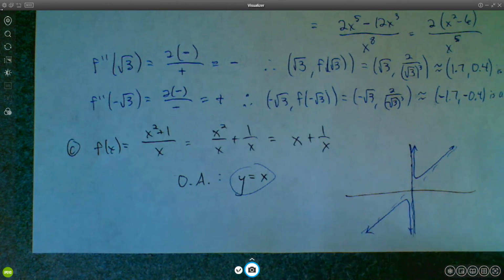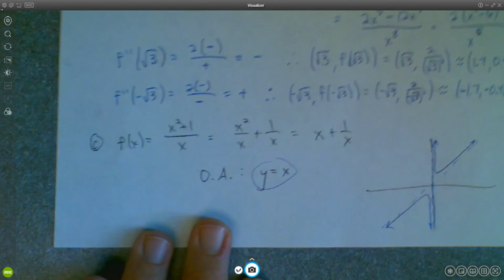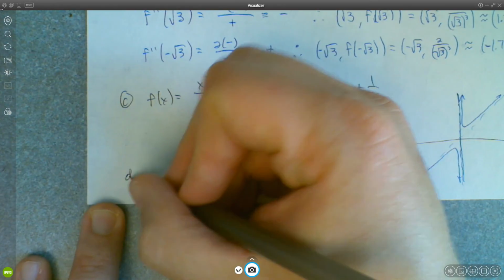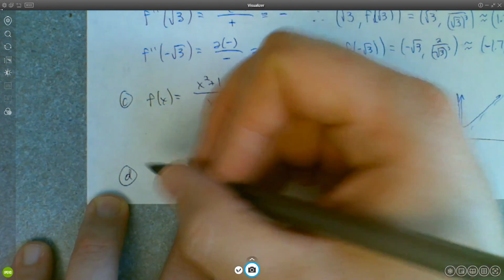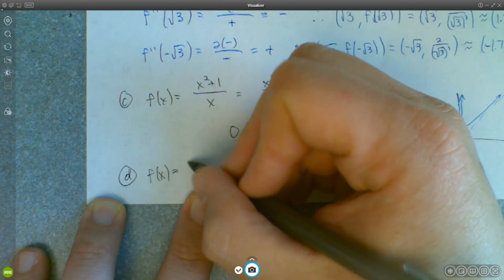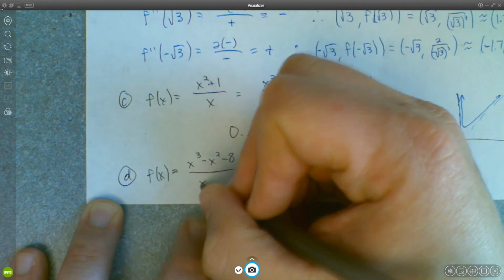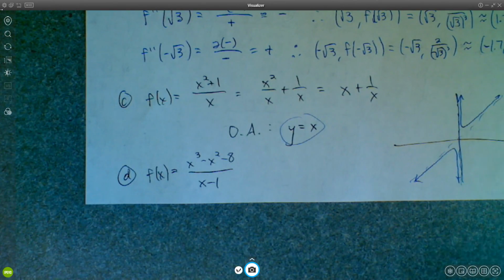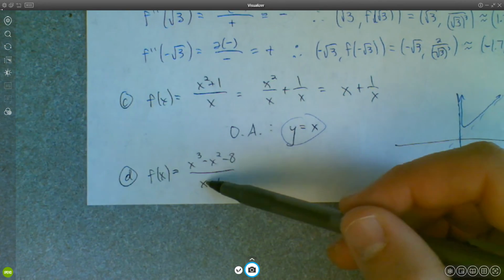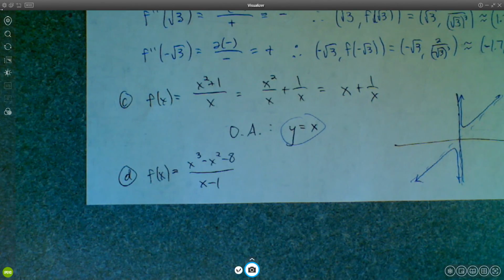Okay, but the main thing I wanted to point out is the oblique asymptote. And let me just give you one other example of that. Let's say instead that you had x cubed minus x squared minus 8 over x minus 1. Now, again, the degree of the numerator is greater than the degree of the denominator, and that means you're going to have an oblique asymptote.